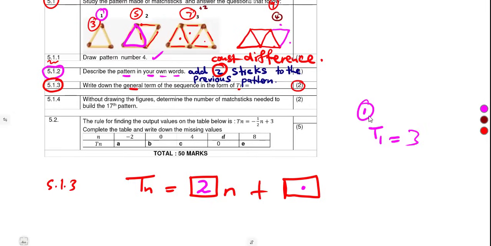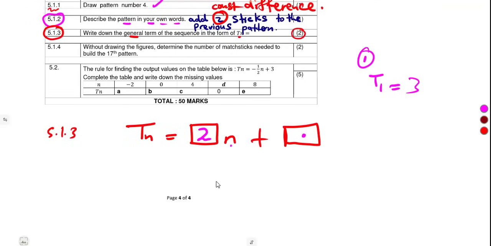There are 3. So 3 is equal to 2 into n, our position 1. Which is supposed to be added to give us that term in position? Let's find it.